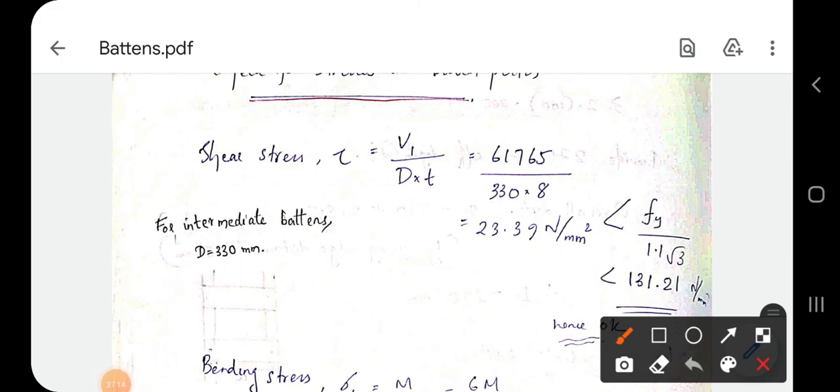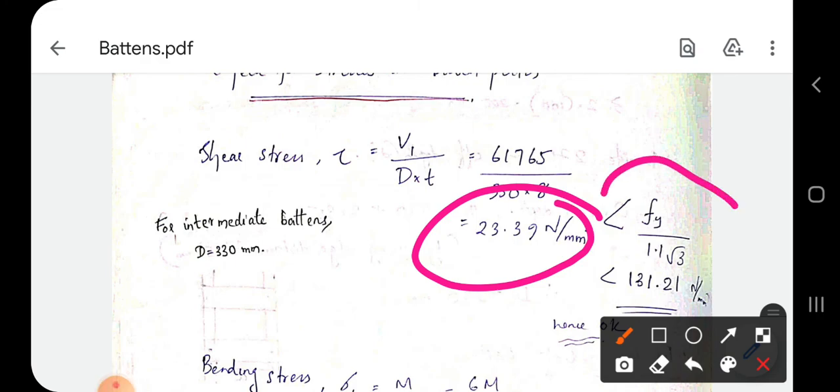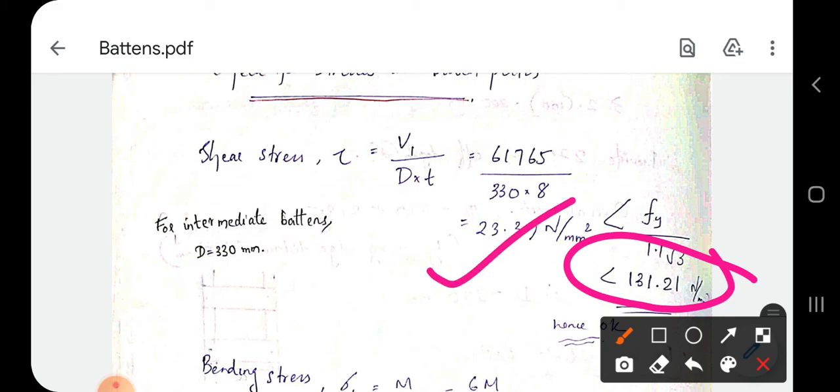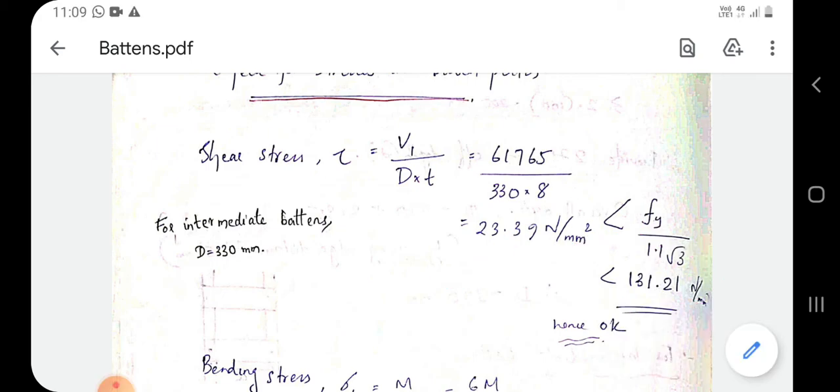Substituting, we get 23.39 Newton per mm square, and it should be less than the permissible stress, that is Fy by 1.1 root 3. It was 131.21, and our longitudinal shear stress is less than that value, so it is okay.